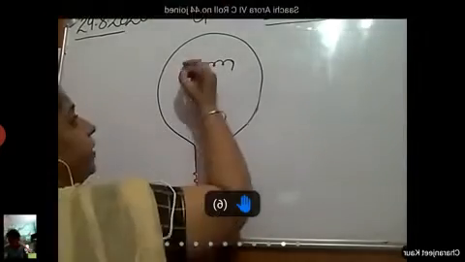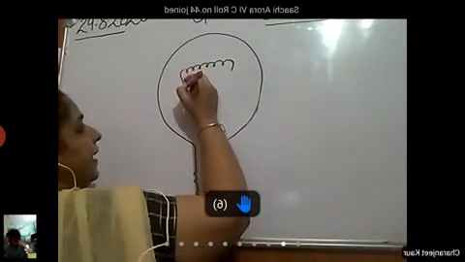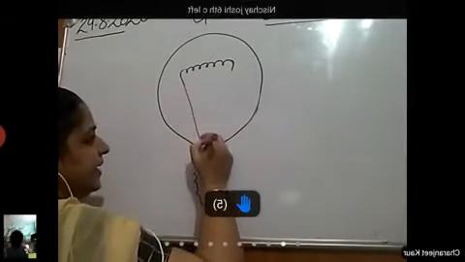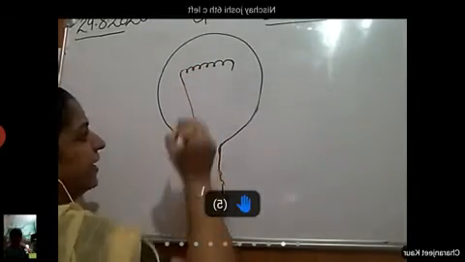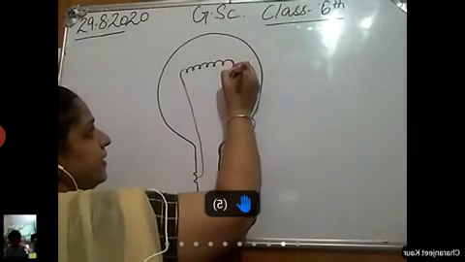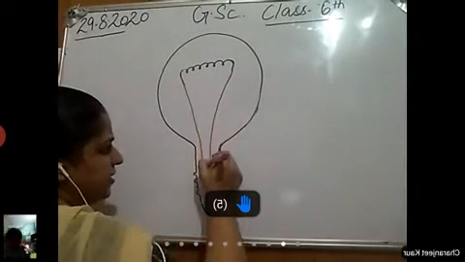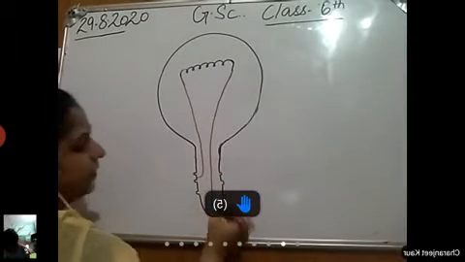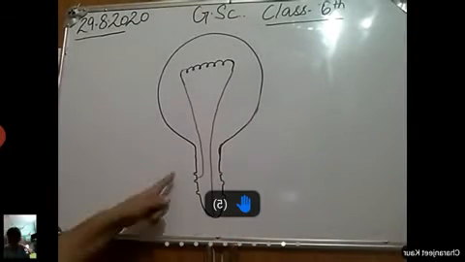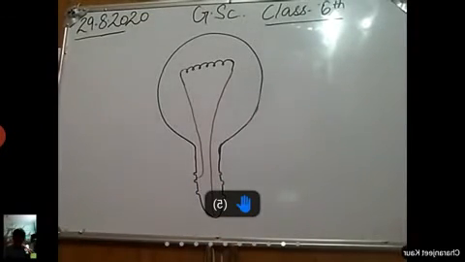Now it is supported by these thin filament wires. One is here and the other wire touches the tip of the metal base like this. You have to draw like this, right?